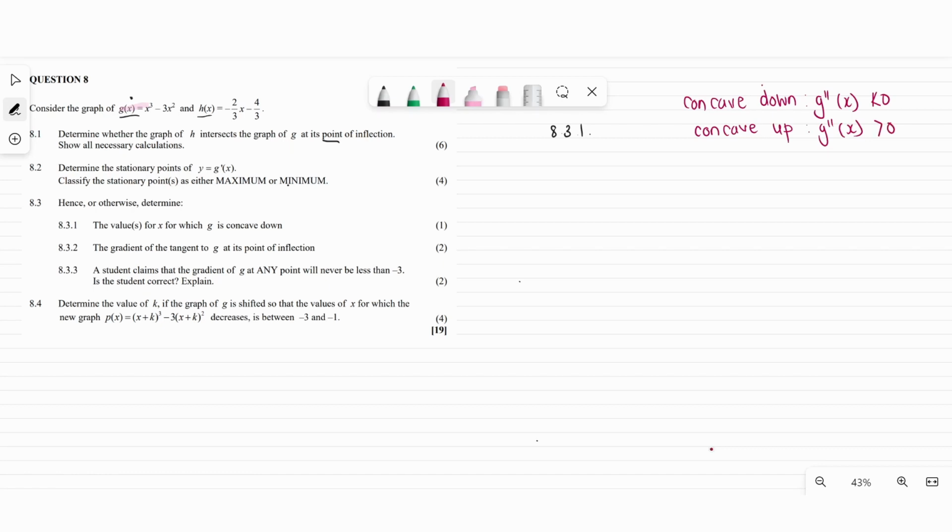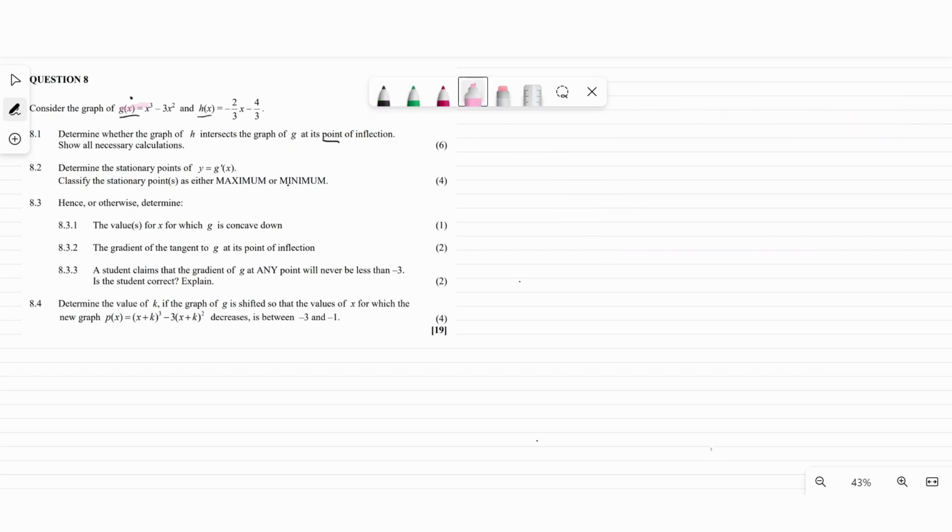So we need to find the first one for this question, right? So we know that the second derivative, because we already solved it in the first question, is this. Then now we're going to substitute this one here. So we're going to solve for x. 6 is going to go to the other side. Divide both sides by 6. So you're going to get x is less than 1. So that's going to be your answer.